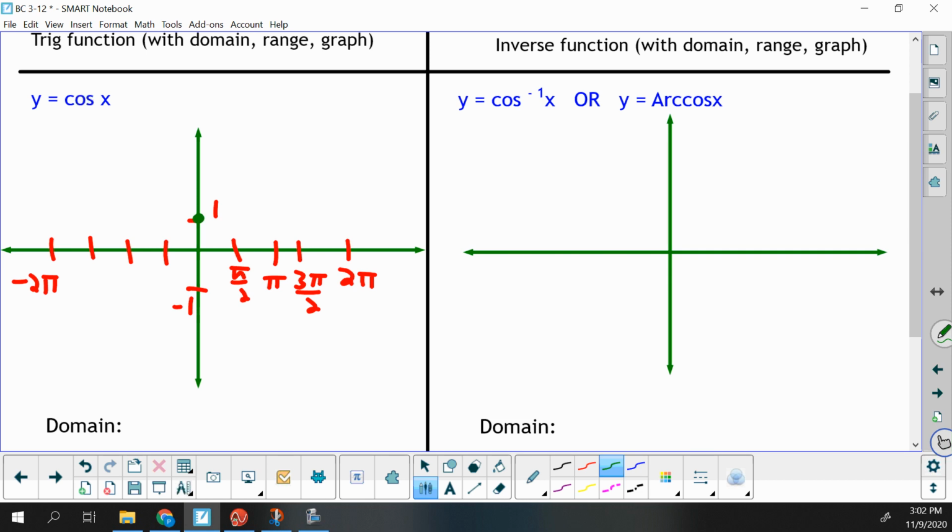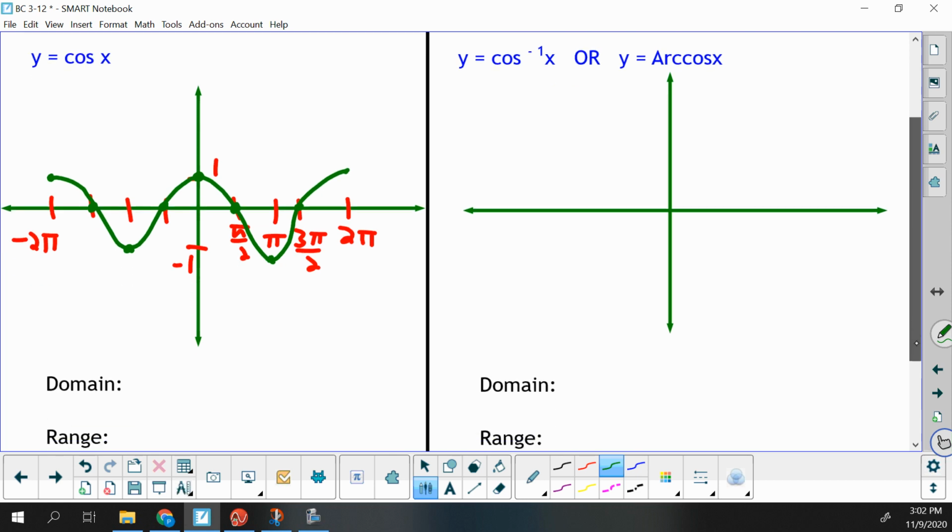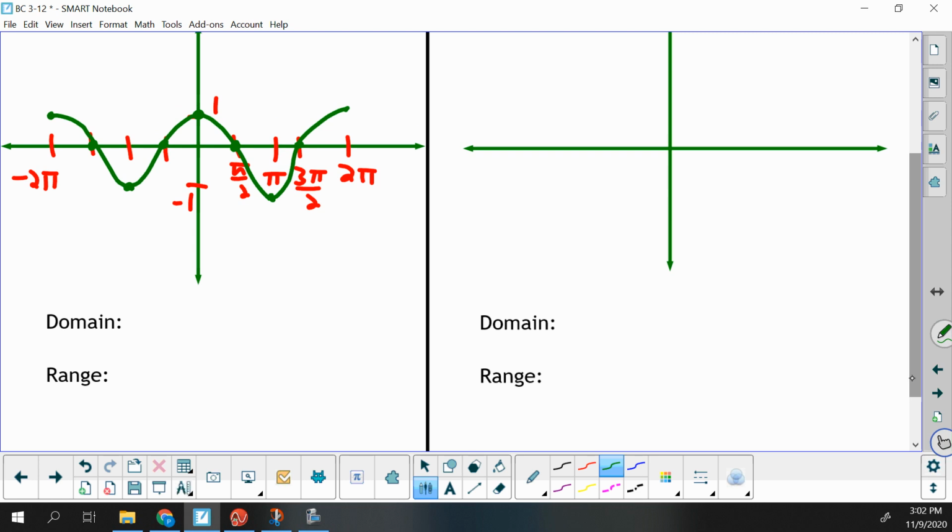Cosine starts at 0, 1, and then cycles through. Our domain, really, it would keep going forever left and right, so we have all real numbers, and the range, again, is from -1 to 1.